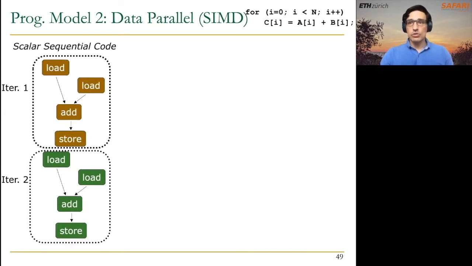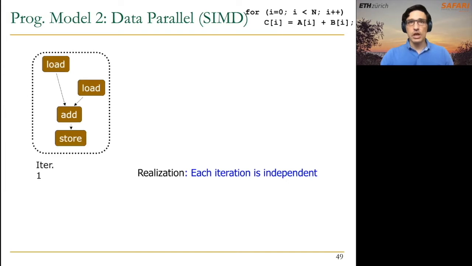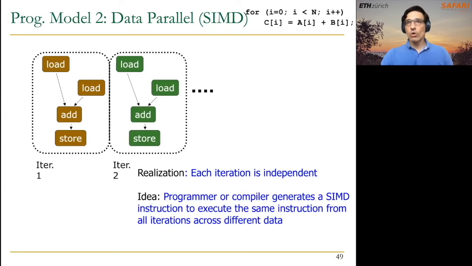Another thing that we can do is writing data parallel code, like, for example, in a SIMD manner. We already know that each iteration here is independent. So the programmer or the compiler can generate the SIMD instructions to take advantage of this independence of the different iterations, right? The inherent parallelism that we have here.